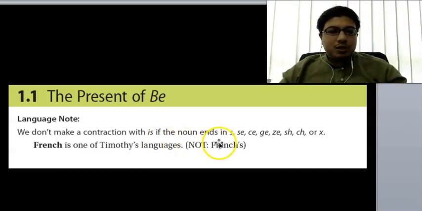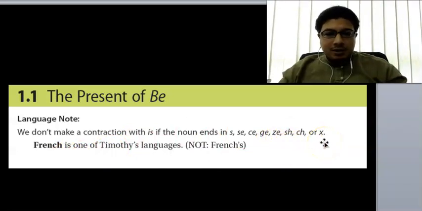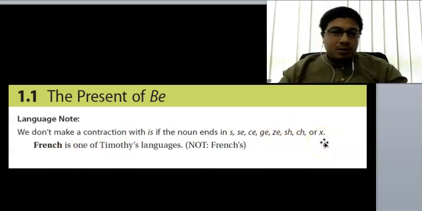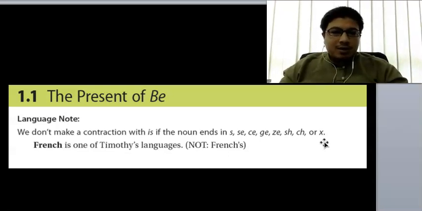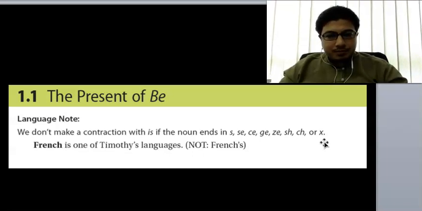For example, words that end with s, se, ce, ge, ze, sh, ch, just like French, or x. For example, the box is very big. You don't say the box apostrophe s very big. The box is very big. You don't say that because that is an exception.